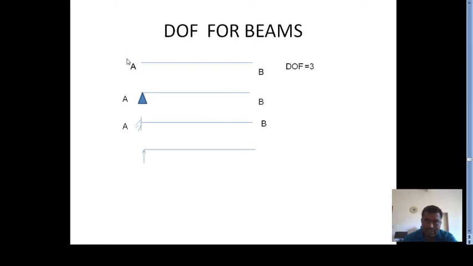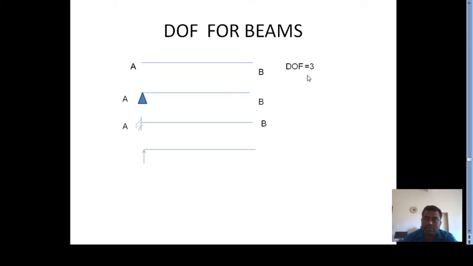These are the 3 degrees of freedom at support A. Similarly, at support B, the horizontal, vertical and rotation give 3 degrees of freedom.